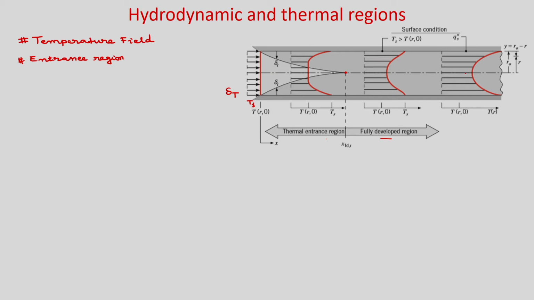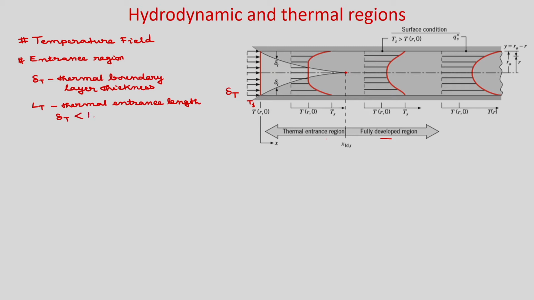So, in the entrance region, delta T is your thermal boundary layer thickness, and when you have L T as your thermal entrance length, then in the entrance region delta T will be less than L T. Okay.